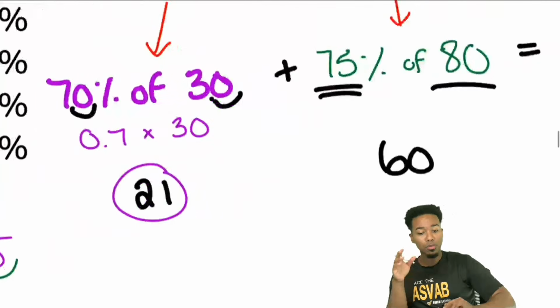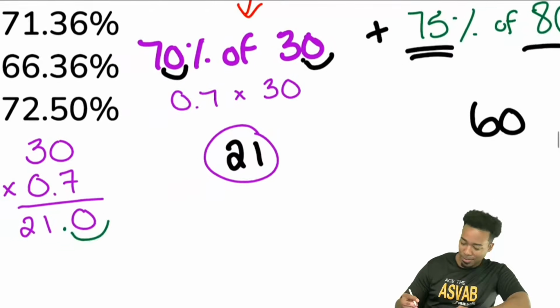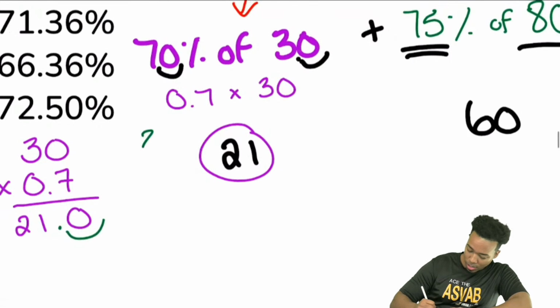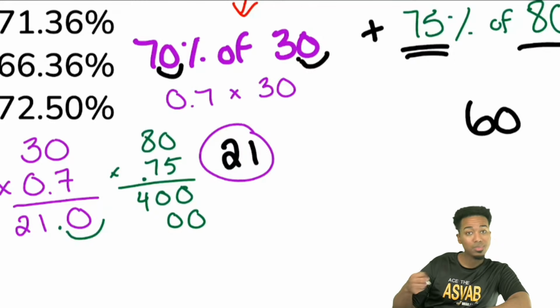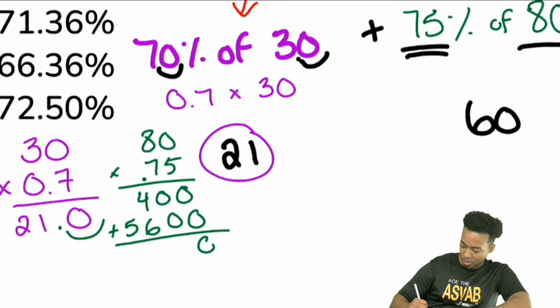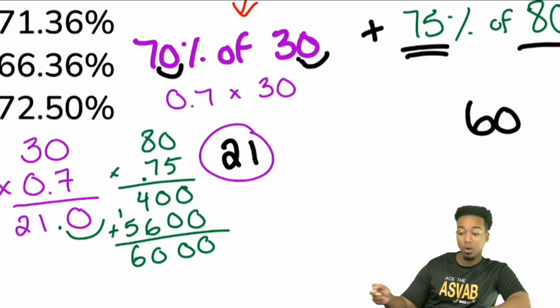Number 2 over here, the green, 75% of 80. Again, with mental math, you can see that it's 60, but we can just go ahead and do 80 times 75 or 0.75. 0 times 5, 8 times 5. 0 times 7, 8 times 7. And that's going to be 0, 0, 10, and 6. And so everybody, how many decimal places are we moving back?